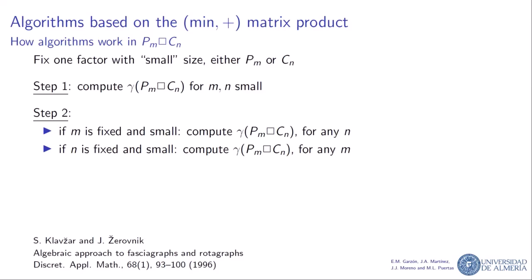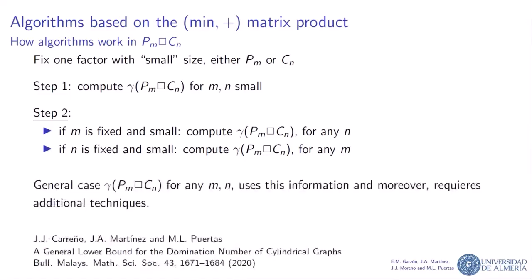And if you fix the cycle, then you can compute the domination number of the cylinder with such a fixed cycle and any path. The general case, that is the domination number of a cylinder with any path and any cycle, was partially obtained in this paper of 2020 and uses the information of these small cases, but moreover requires additional techniques to obtain the general form.